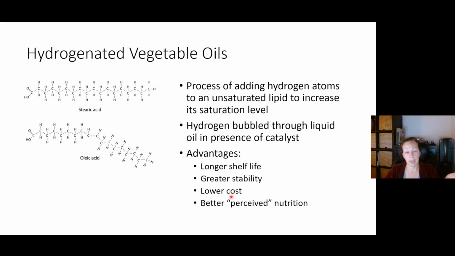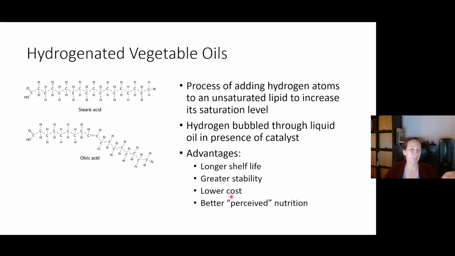And finally, this one I added, I think there's a perception of better nutrition. Back in the 90s there was this anti-fat craze, which kind of leads us to where we are today, where a lot of fat is still considered really bad. Animal fats, saturated fats in particular, were considered the worst kinds of fats. And so lard and tallows were kind of demonized, and we went more towards vegetable fats being better for you.